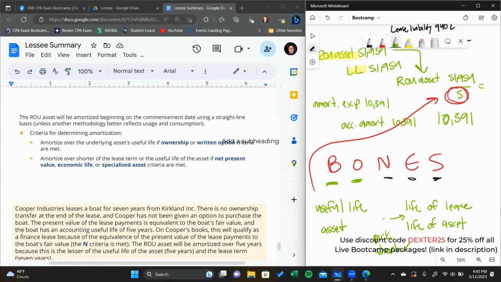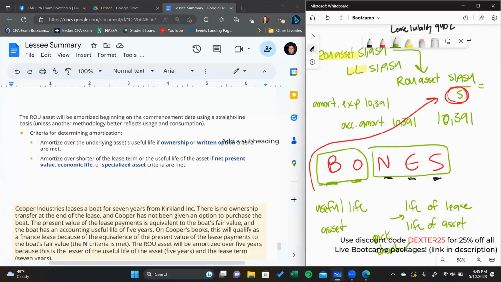You amortize the same amount every year, but if the B or the O criteria are met, then you're amortizing the same amount over the life of the asset. Whereas if the N, the E, or the S are met, then you are amortizing over the shorter of the life of the lease or the life of the asset. I don't know how likely that is to be tested, but it's important to point out nonetheless.